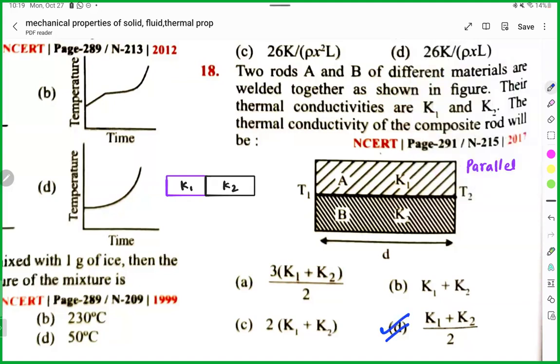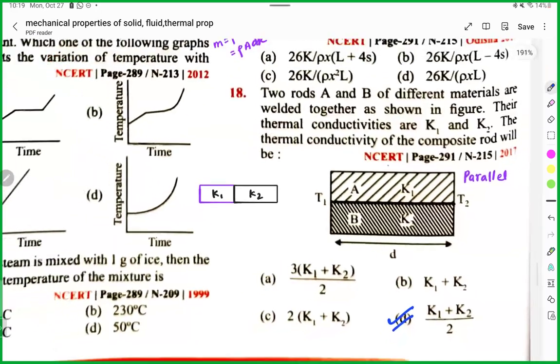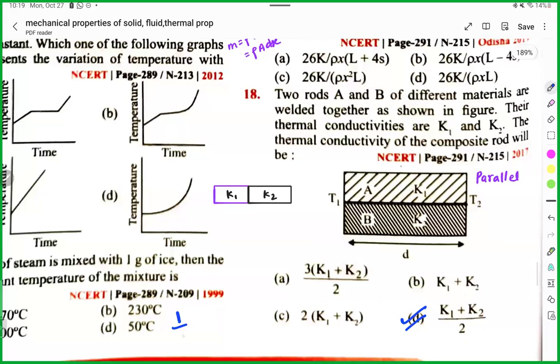Correct. In parallel combination this formula is used. Why? Because in parallel combination, resistance will be 1 by R1 plus 1 by R2, and thermal resistance formula is L by KA.